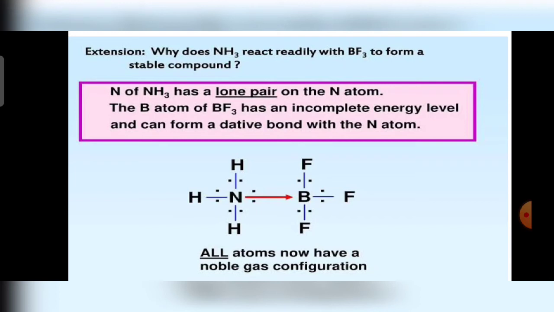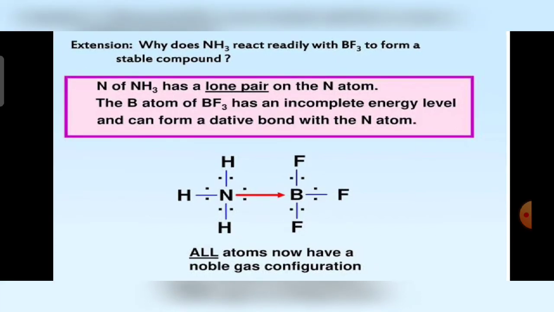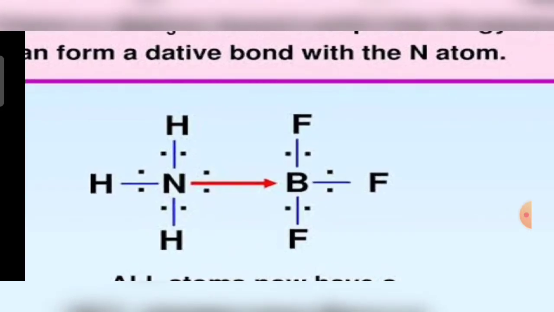But in this molecule, ammonia donates its lone pair of electrons and bonds with boron. Boron has atomic number 5 and 3 electrons in its outer shell, and it requires 5 electrons to complete its octet. You can see here that there are 3 single lines.